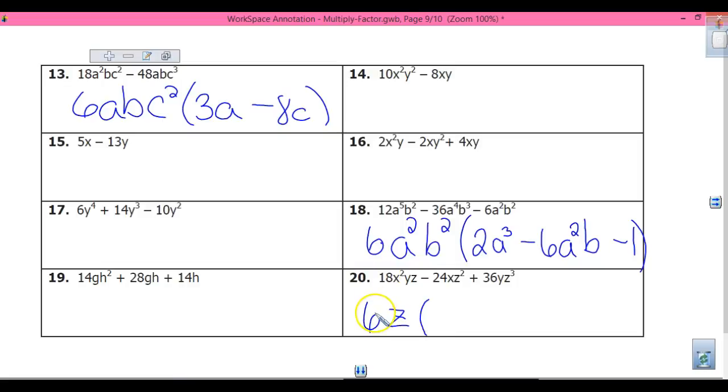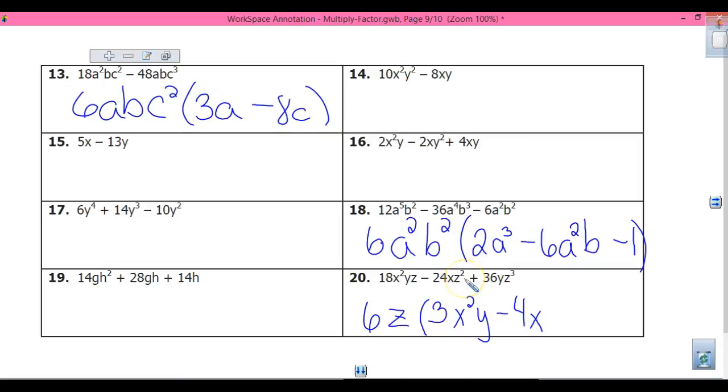So 18 divided by 6, I have 3. And then what do I have? I didn't take out an x or a y, so I still have x squared and y minus 4. Did I take out an x? Nope, so that stays. Did I take out a z?